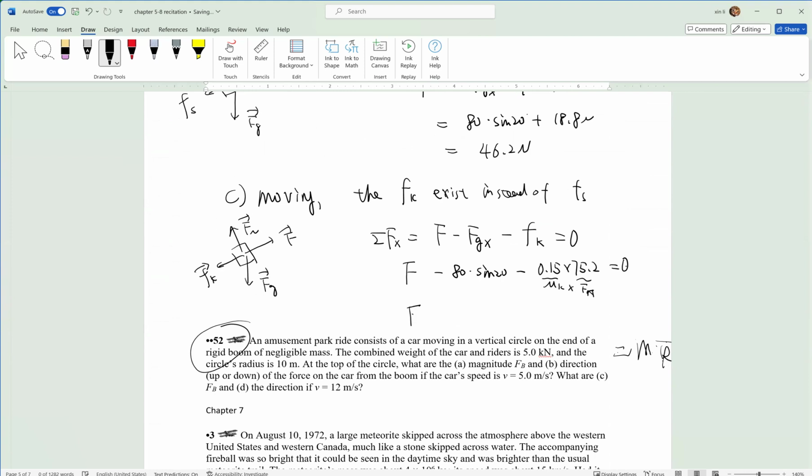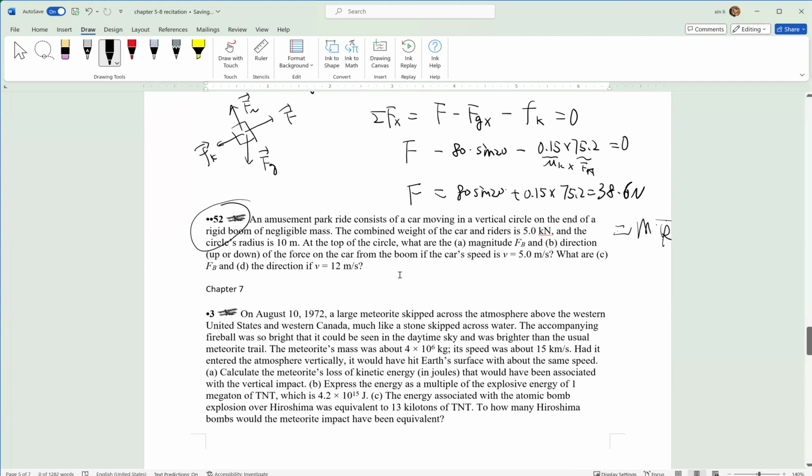And then do the calculation, your force will be equal to 80 sine 20 plus 0.15 times 75.2, and we are going to get 38.6 Newton. Okay, so this is that. It's a little bit complicated, okay?